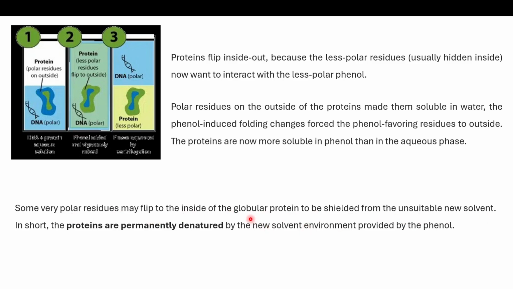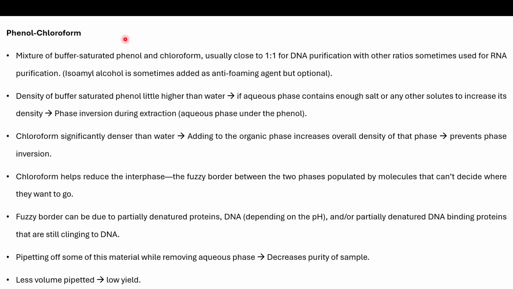Globular is the structure, basically the tertiary or 3-dimensional structure of a protein, which actually renders its function. In short, the proteins are permanently denatured by the new solvent, here in this case phenol. Now, we only saw phenol extraction of DNA.